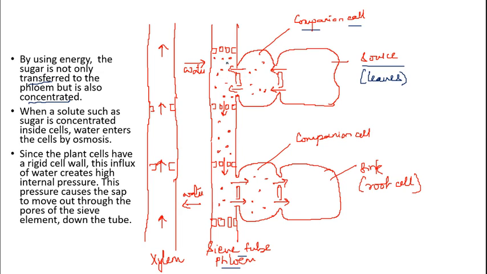Now, since the cell walls of the plant are very rigid, and since the water has also entered and the solute has also entered, there is high internal pressure created in the sieve tube. This pressure causes the sap to move through the pores down the tube.